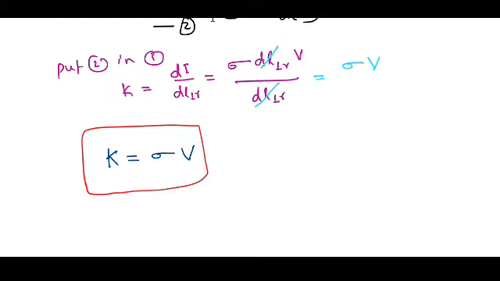Now, if we keep this charge flowing sheet, or the current carrying sheet, in a magnetic field, what is the magnetic force on the surface current? That is our next topic.